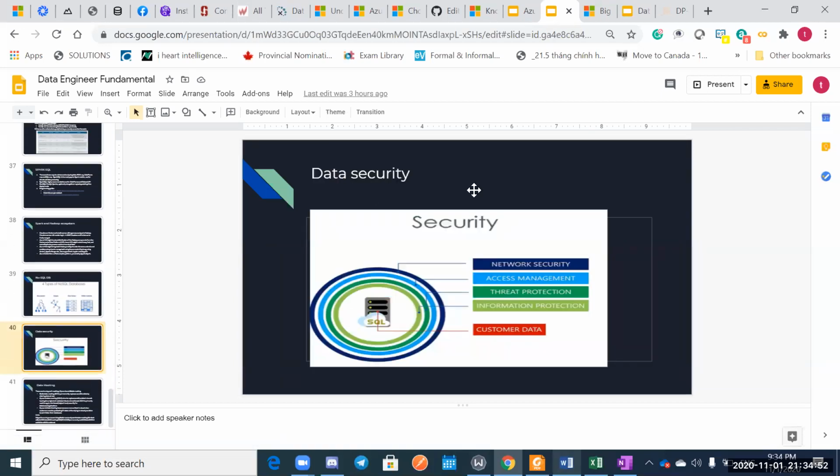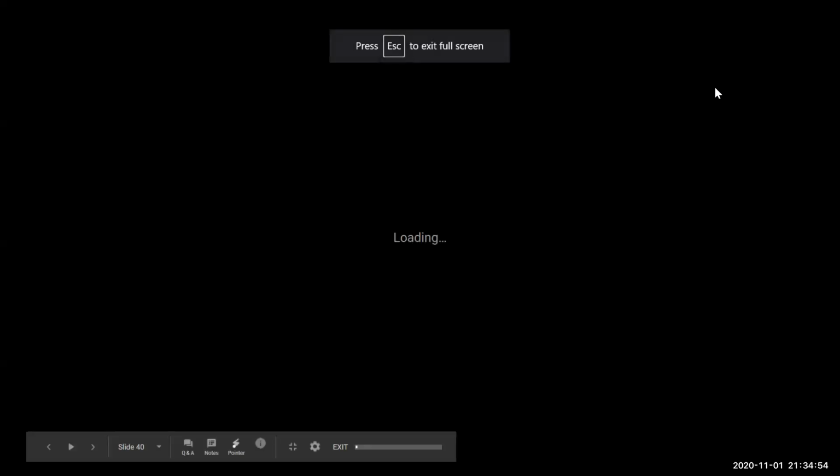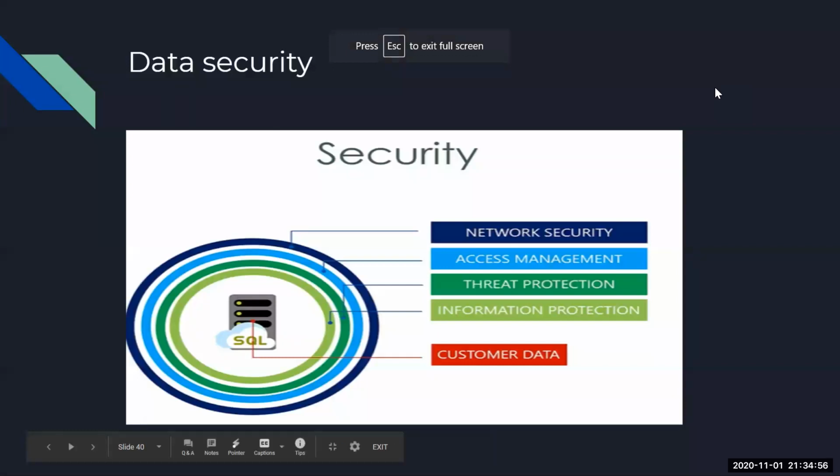This one. When you talk about data security, don't just think about masking or data encryption. You need to think about network security: what type of network protocols, what type of network setup? Like you need a virtual private network to protect your data, right? Access management is where you control access through Azure AD, so each person has control over which data.